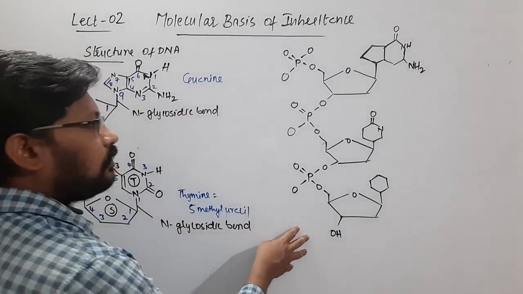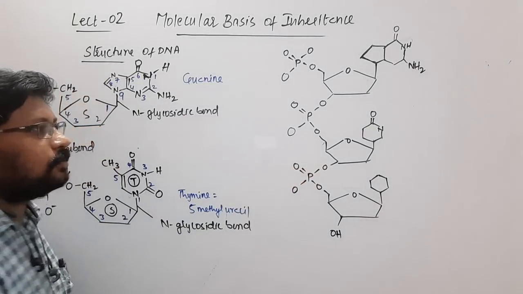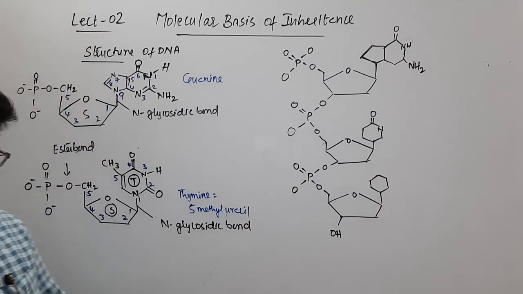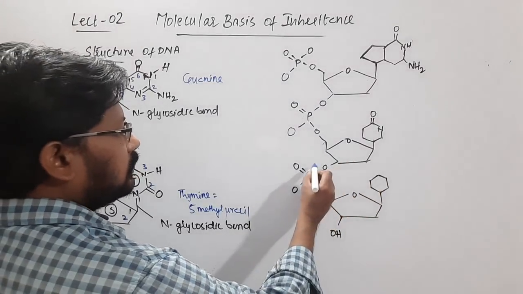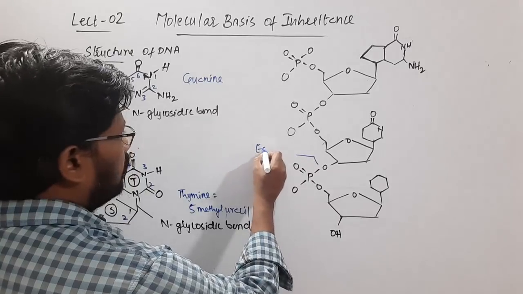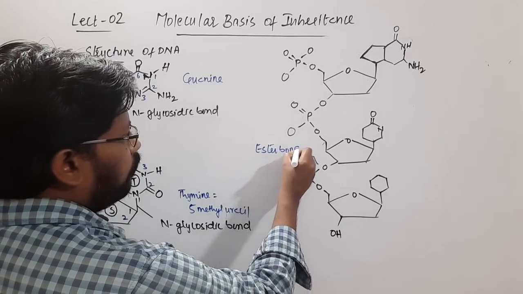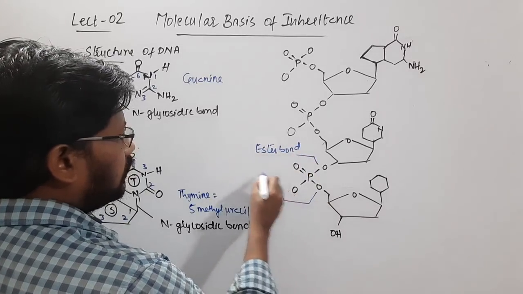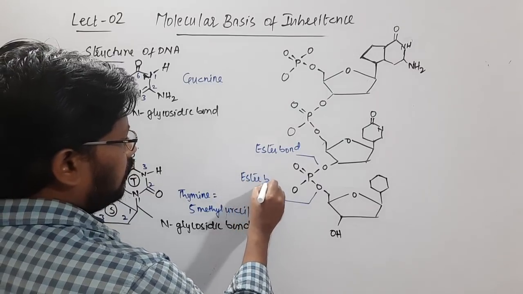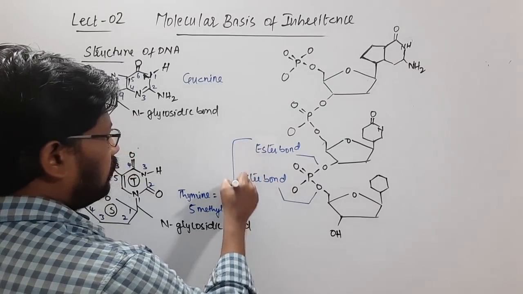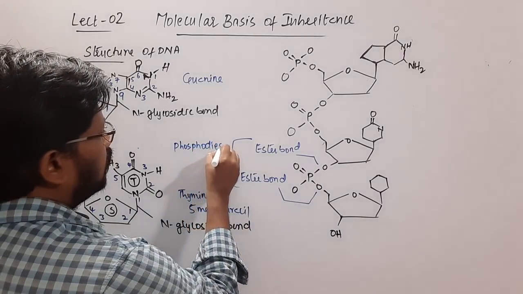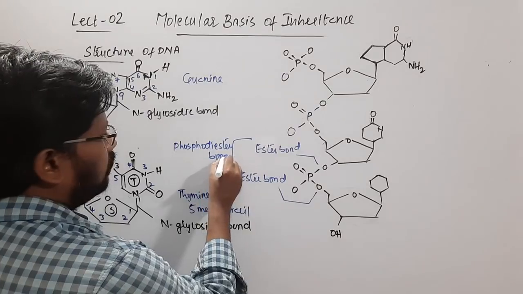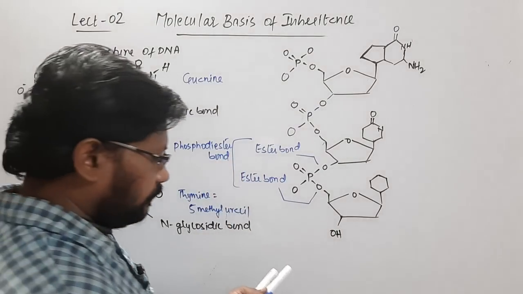Here I have drawn another diagram to show you the links. So this is one ester bond and this is another ester bond, so that will form the phosphodiester bond, right?